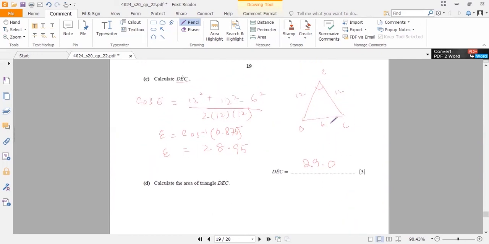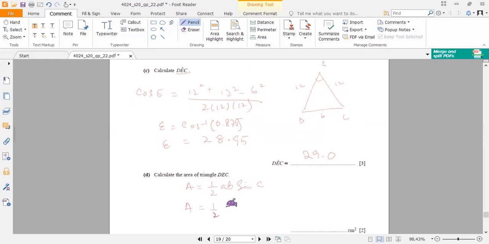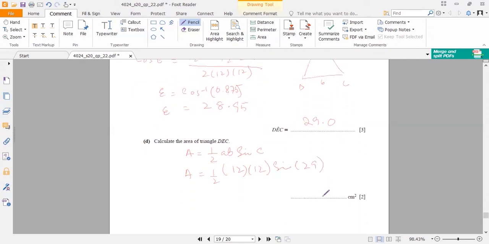We consider the same triangle, and to find the area we use the formula 1/2 ab sin C. Taking the lengths 12 and 12 and the angle 29, after solving, the area will be 34.9.